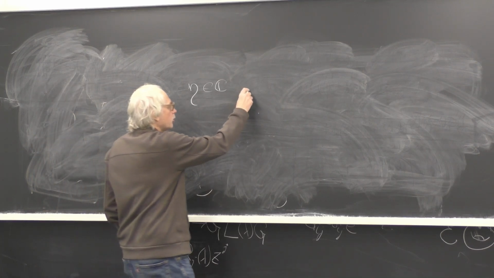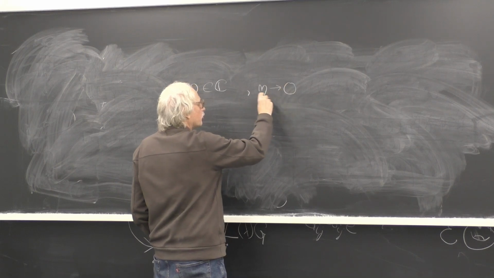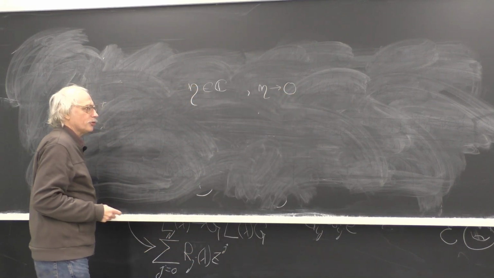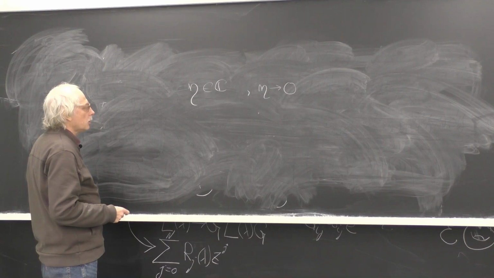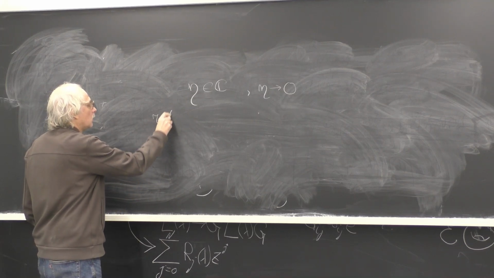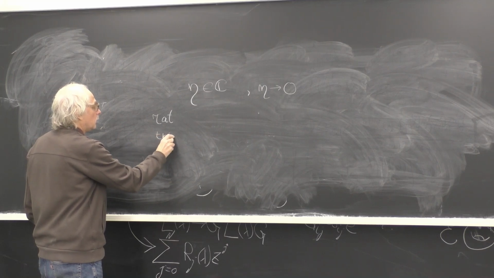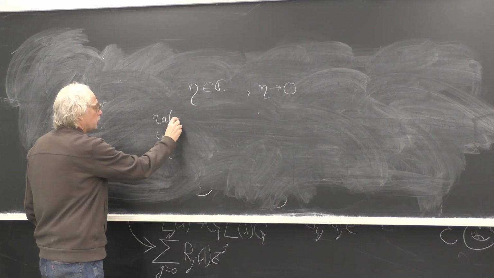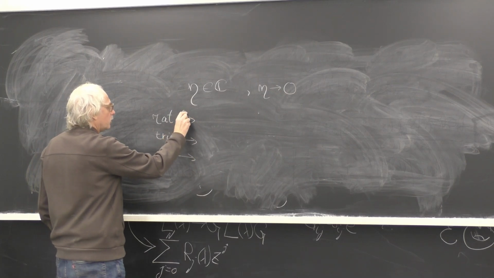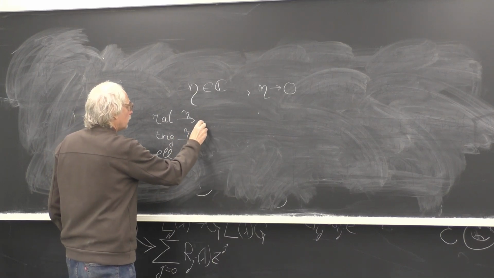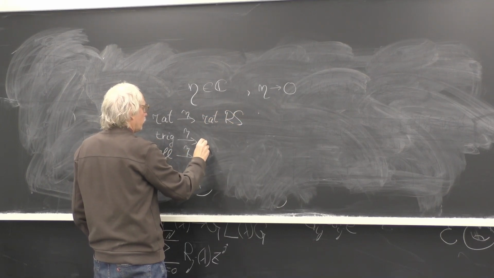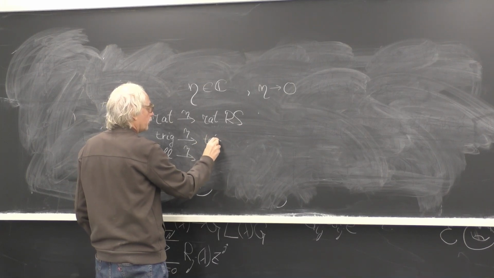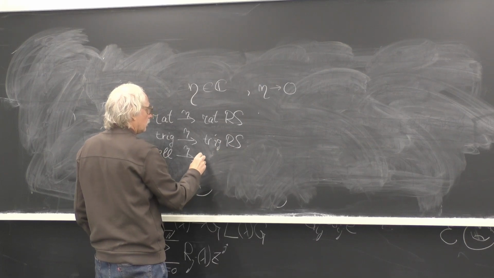When eta goes to 0, in this limit, we get Calogero-Moser systems. And rational, trigonometric, and elliptic cases, all of them can be deformed to Ruijsenaars-Schneider models, rational, trigonometric, or elliptic.